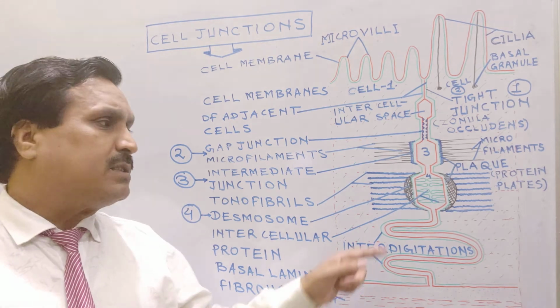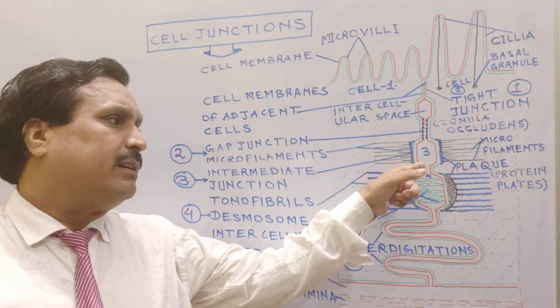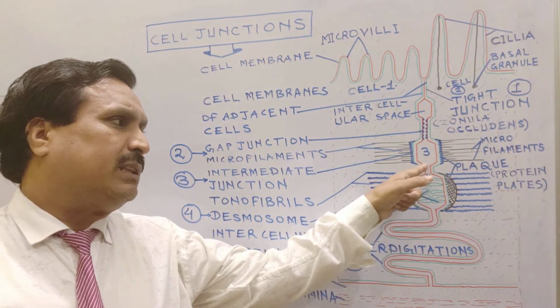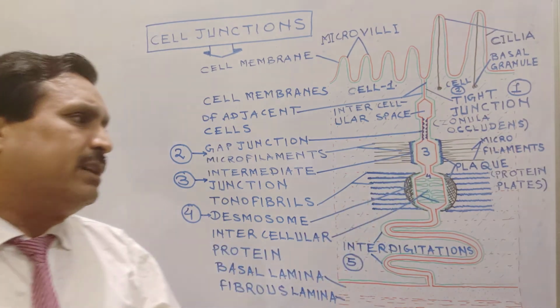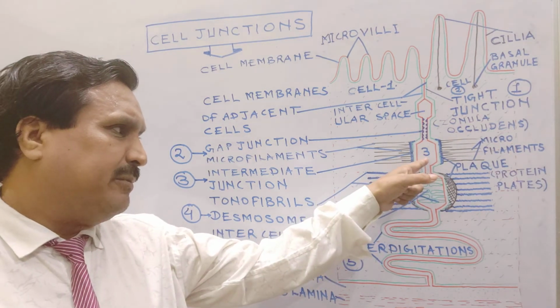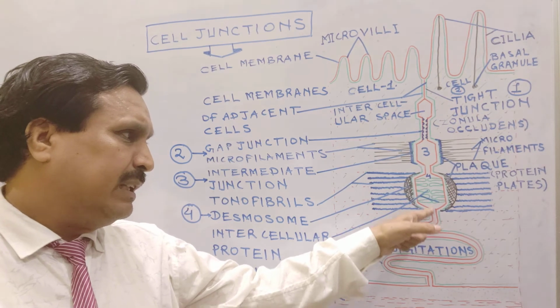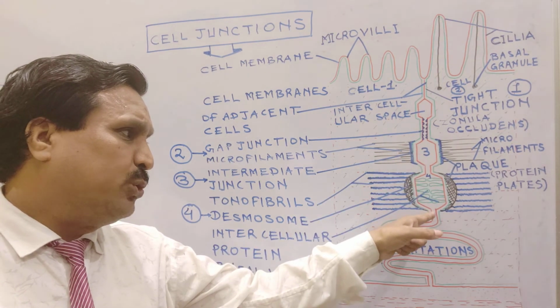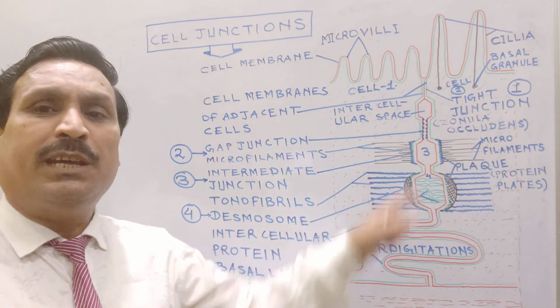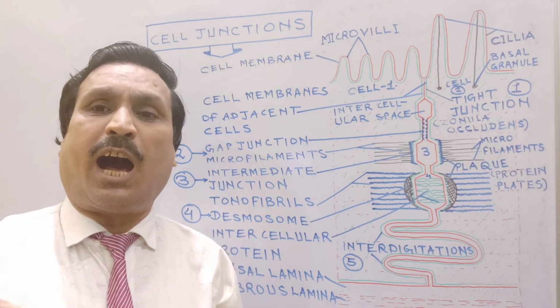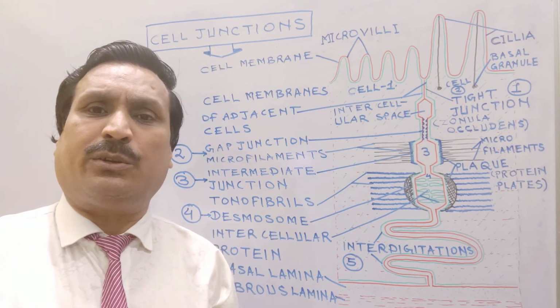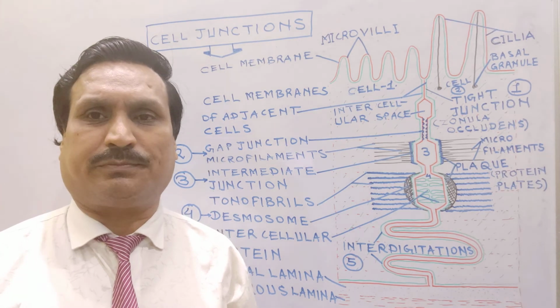It is just like desmosome, but consider if a vertical line divides this desmosome into two equal halves, then each half is equivalent to hemidesmosome.